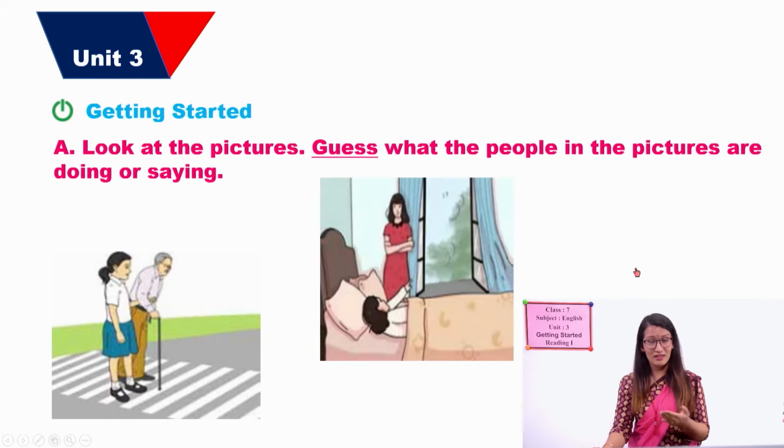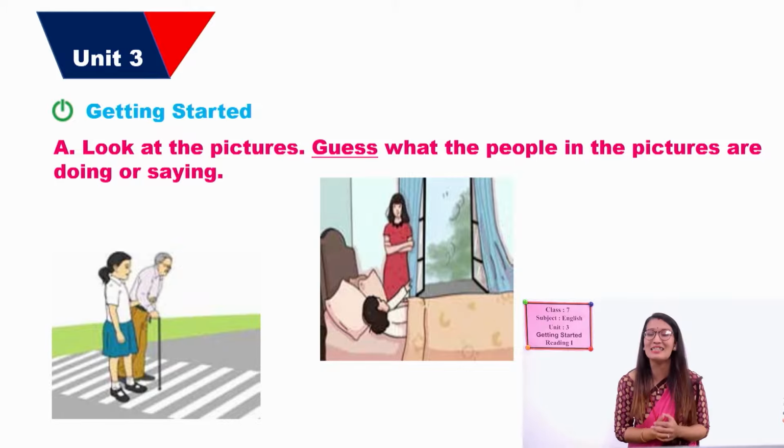Now, another picture. Can you tell me how many people are there? Good. Who are they? Are they girls, female, male? Who are they? Can you guess what are they saying to each other? Good, good. Okay, can you guess what is the girl saying to the woman?